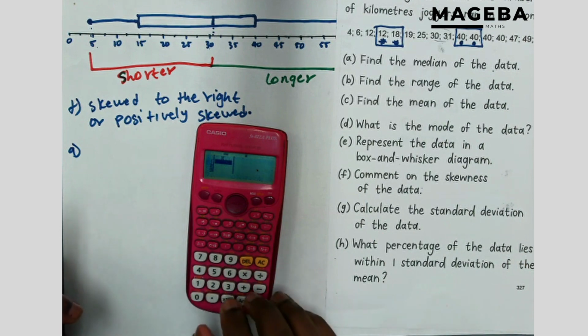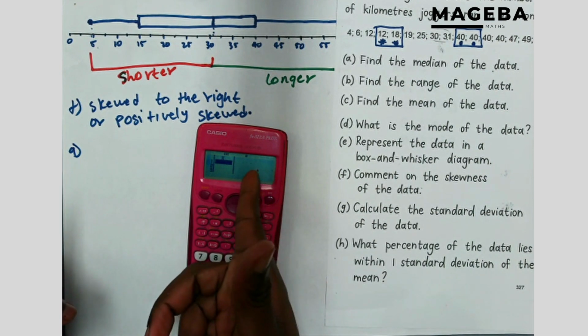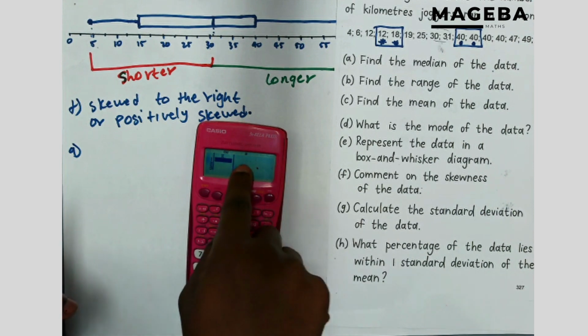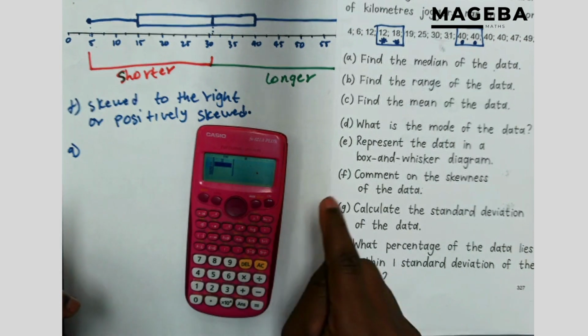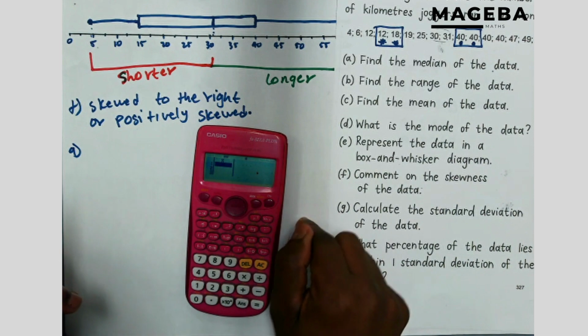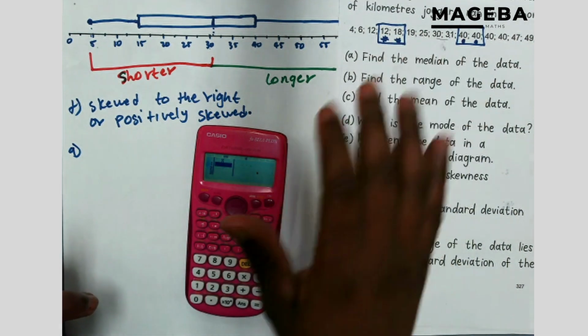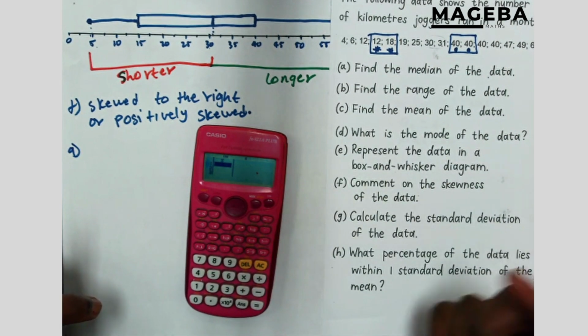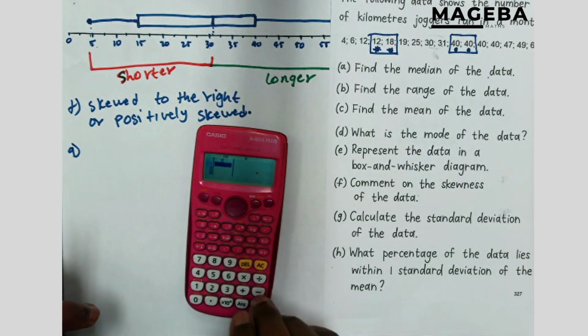The frequency column you just saw is for grouped data. When it's ungrouped data, we don't need the frequency column.